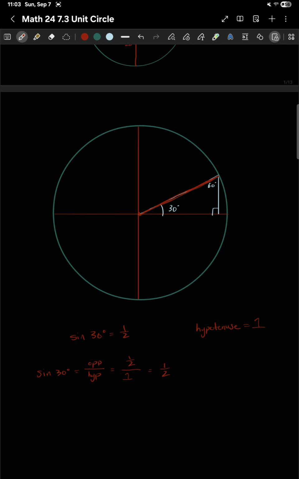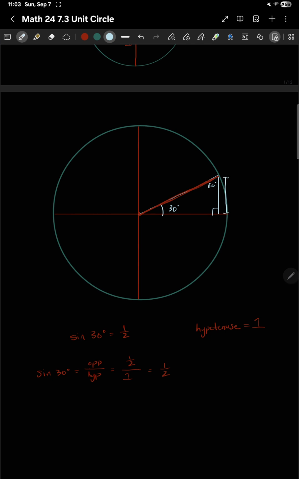So the special thing about working on the unit circle, at least for sine and cosine, is that sine of 30 degrees isn't just the proportion of how large the opposite side is over the hypotenuse. Because the hypotenuse is always 1 on the unit circle, what sine of 30 degrees actually tells us is how tall the height of the triangle is.